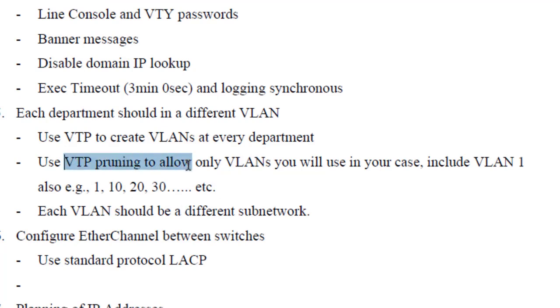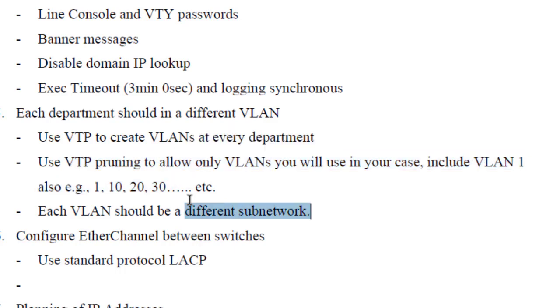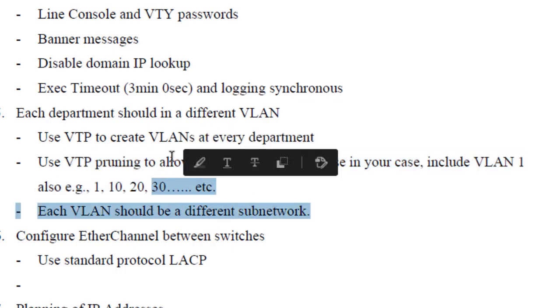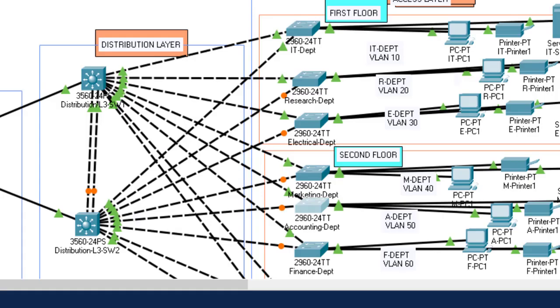Use VTP pruning to allow VLANs, and each VLAN should be in a different network. For VTP pruning, to save time, I will do it in only two switches, and for the remaining ones you will do it on your own for practice.